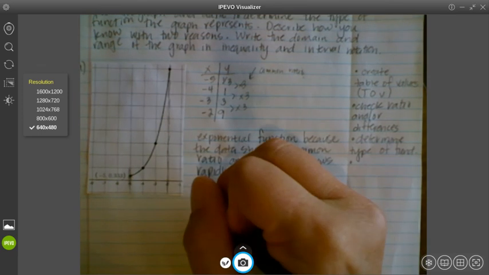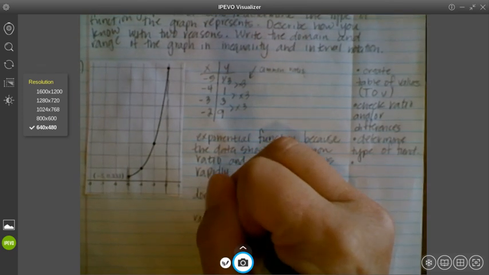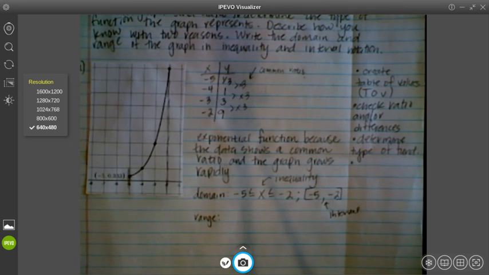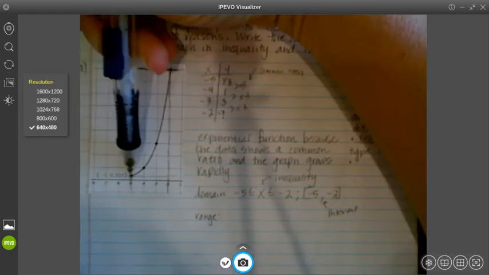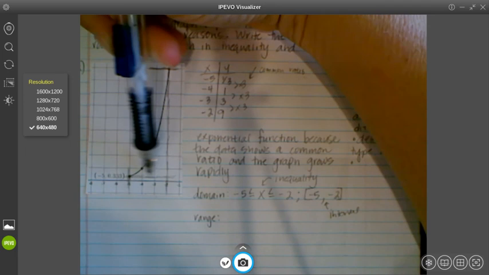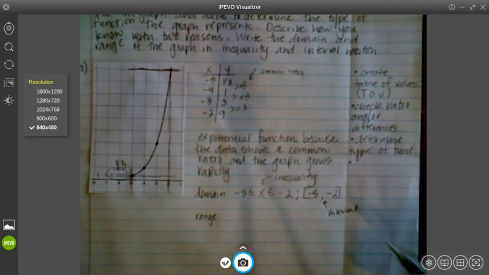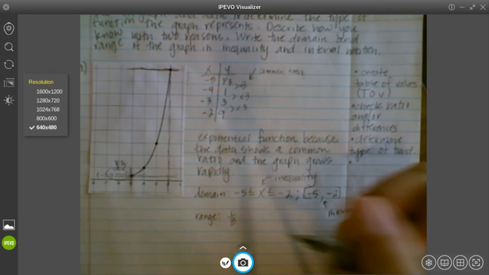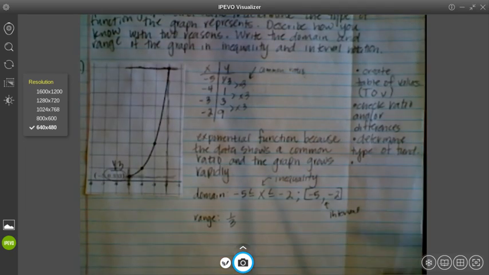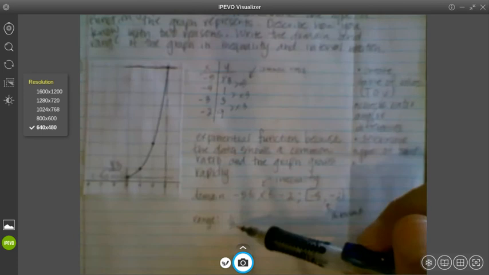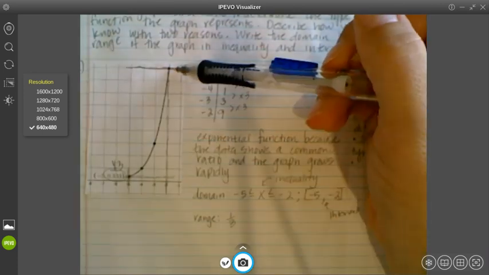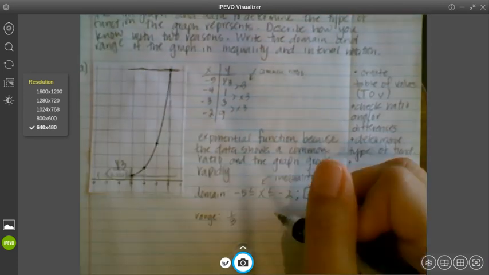So for the range, we do the same thing. But remember, for range, we're looking at the y values. So that's the very bottom of our graph to the very top of our graph, and it's those y values. So this is the very bottom, and our y value at that point is 1/3. So the range from bottom to top, because remember it's from the smallest value to the largest value, is from 1/3 all the way up to the top y value, which is a +9.